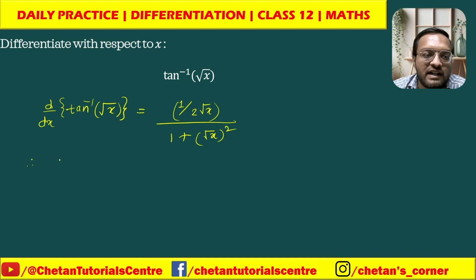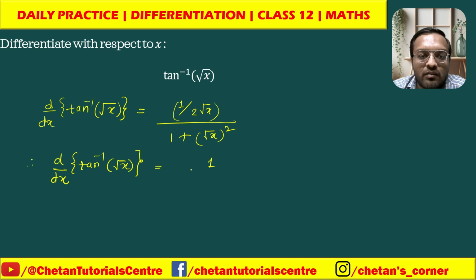Therefore on further simplification, what will I get? d by dx of tan inverse of under root of x is equal to 1 upon 2 under root of x into 1 plus, this root and square will get cancelled.